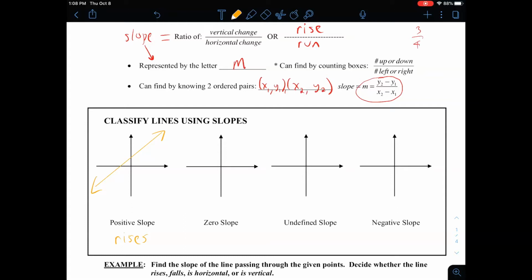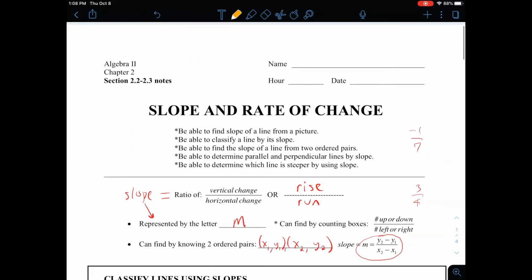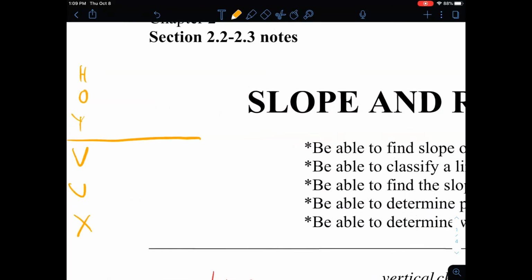A zero slope and an undefined slope are ones that people usually goof up. I don't have room for it much right here, so I'll have to go to the top over here. We use something called HOY-VUX. HOY-VUX is an acronym that's going to help us remember this stuff. H is a horizontal line.